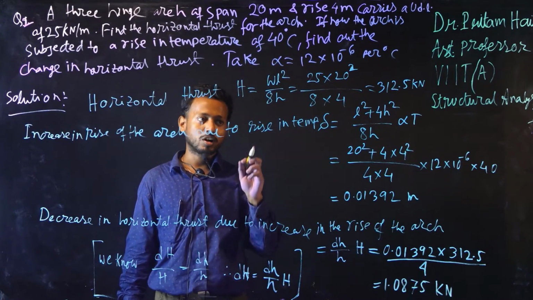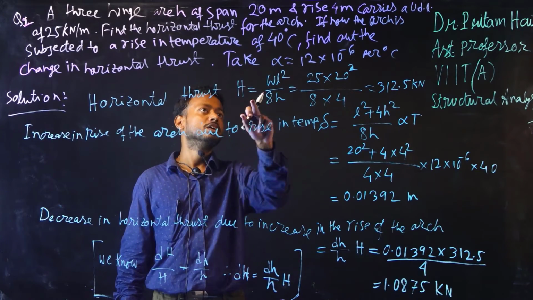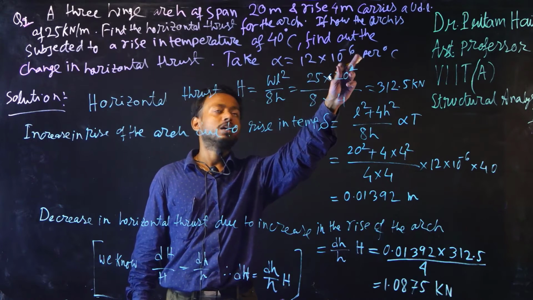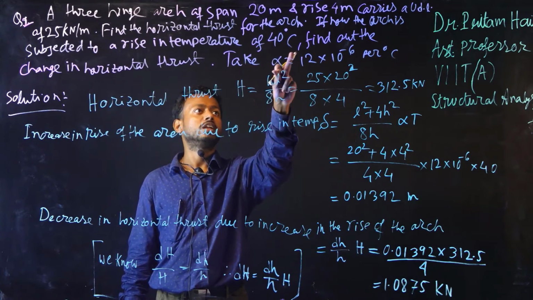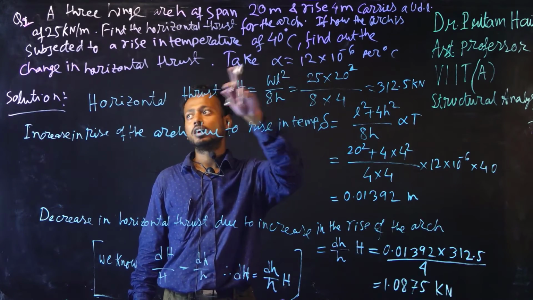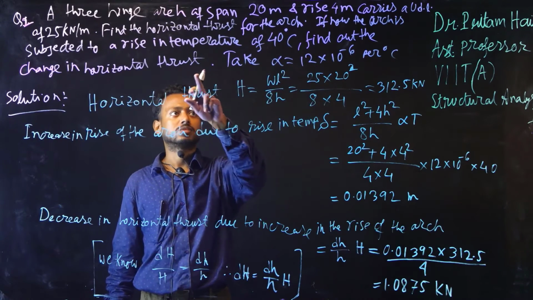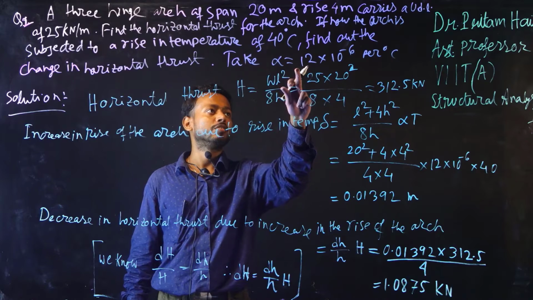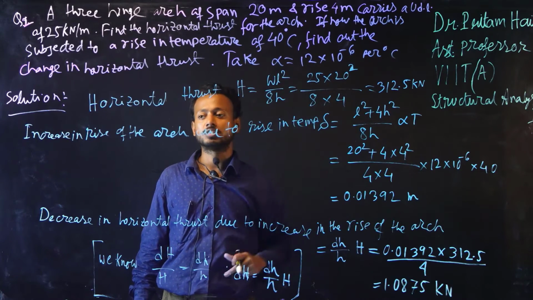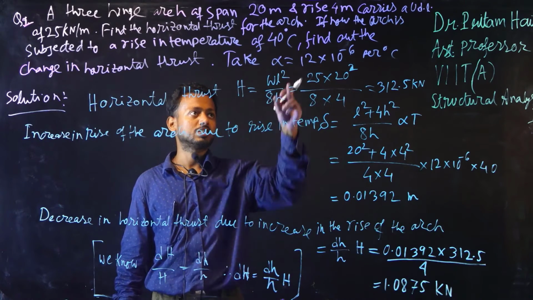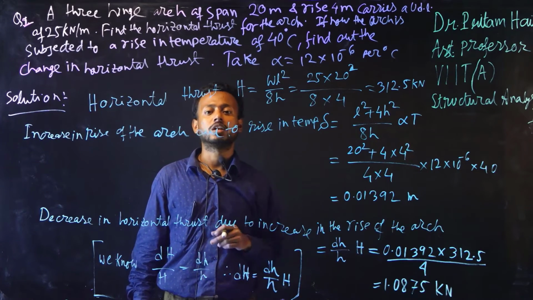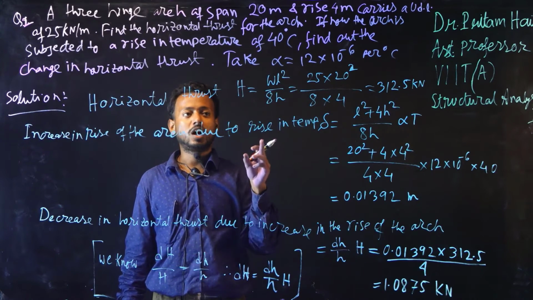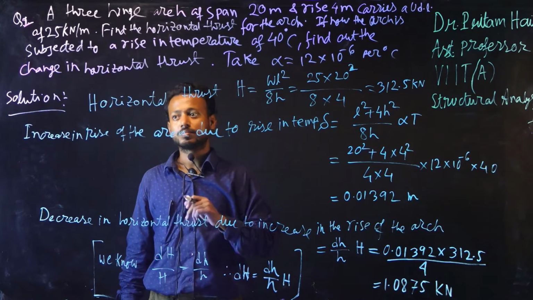We have to find out the horizontal thrust, that is H. Okay, if now the arch is subjected to a rise in temperature of 40 degrees centigrade, find out the change in horizontal thrust. Okay, alpha is given here 12 into 10 to the power minus 6 per degree centigrade. Coefficient of temperature of the particular material of which the arch is constructed.